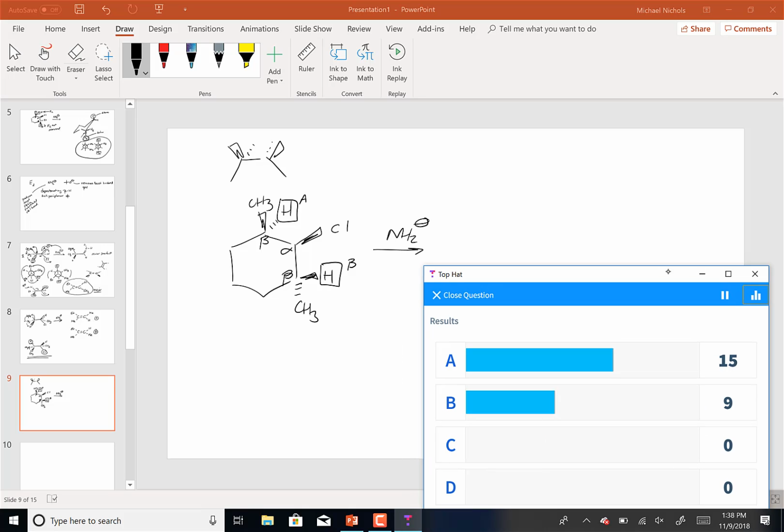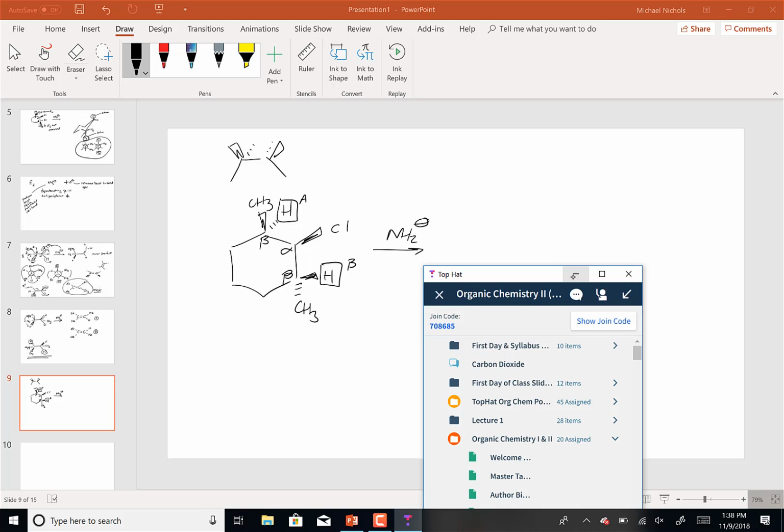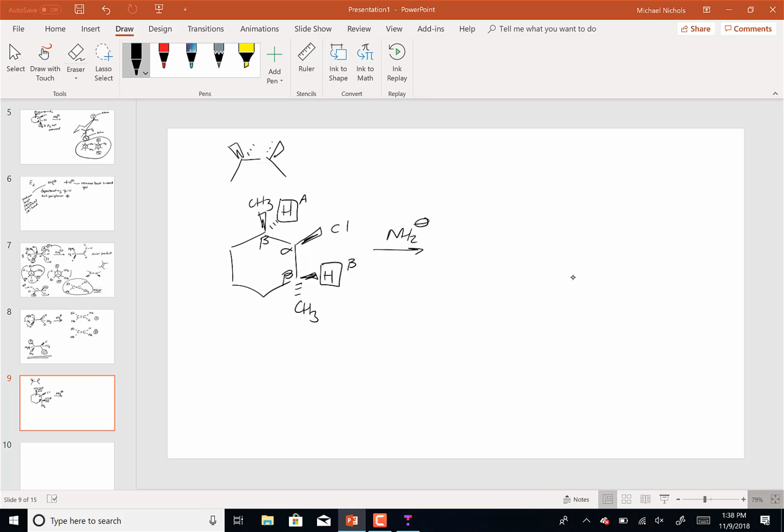15 A's and 9 B's. That's not a bad split. Anybody want to give me a reason for choosing the way they did? Other than maybe a guess. What did you choose?